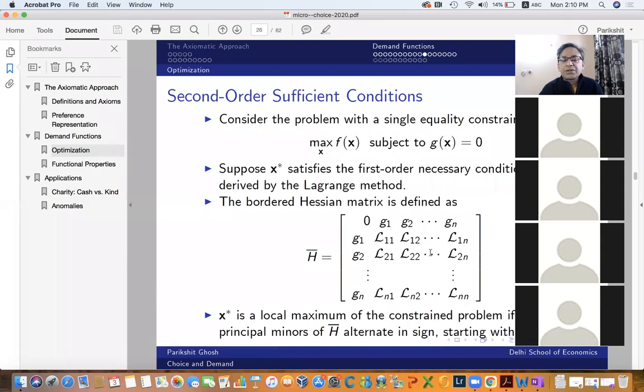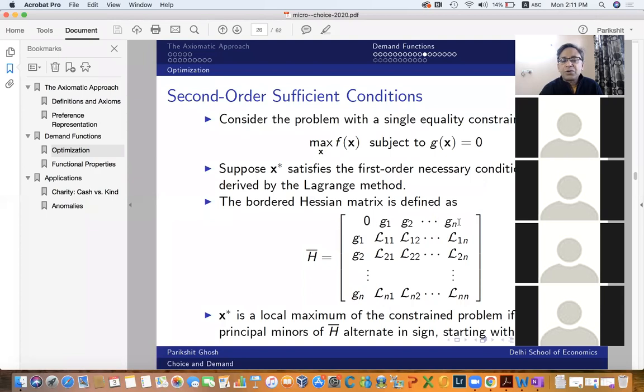So you take that function, calculate all its second derivatives, and arrange them in this manner. That forms the core of your matrix. And then you add a row and a column, which consists of the first derivatives of our constraint function. So that's why it's called bordered Hessian.